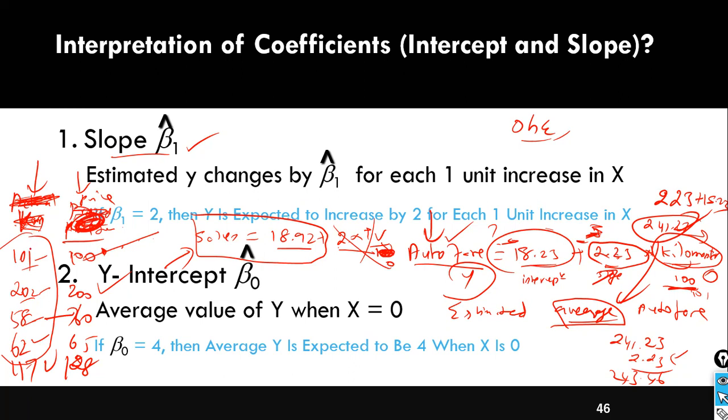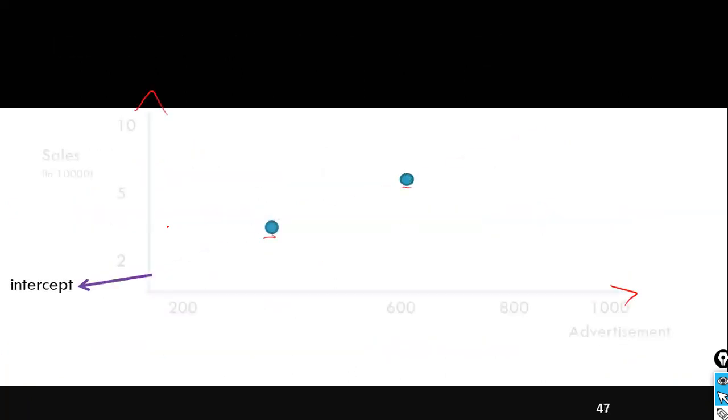He has given you both the kilometer as well as the price, and he wants you to give the estimated auto fare. Now what you do is train your model with this data, and then you will predict the estimated auto fare.